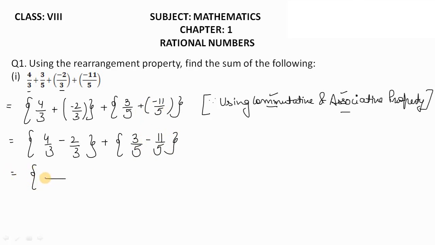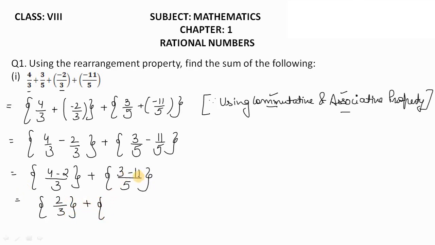Now this can be written as 3 in the denominator, 4 minus 2, plus within a bracket 5 in the denominator, 3 minus 11. Now 4 minus 2 is equal to 2 by 3, and here it will be 3 minus 11. So plus minus minus, and it will be minus 8 because 11 is greater than 3.